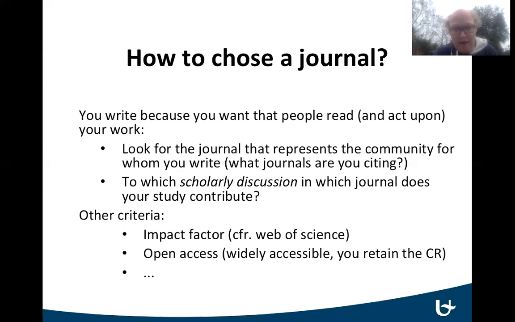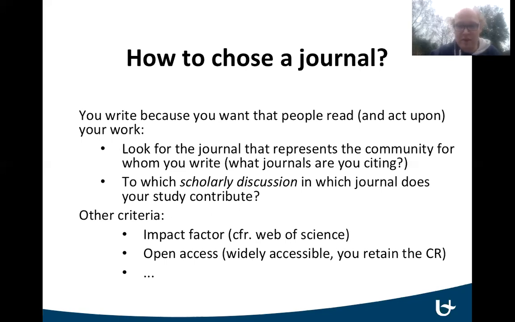Journals are ranked based on how many citations the articles in the journals get on average. You can consult this in the Web of Science. It's a list that's published every year and also varies every year a bit, but there is obviously some stability also.